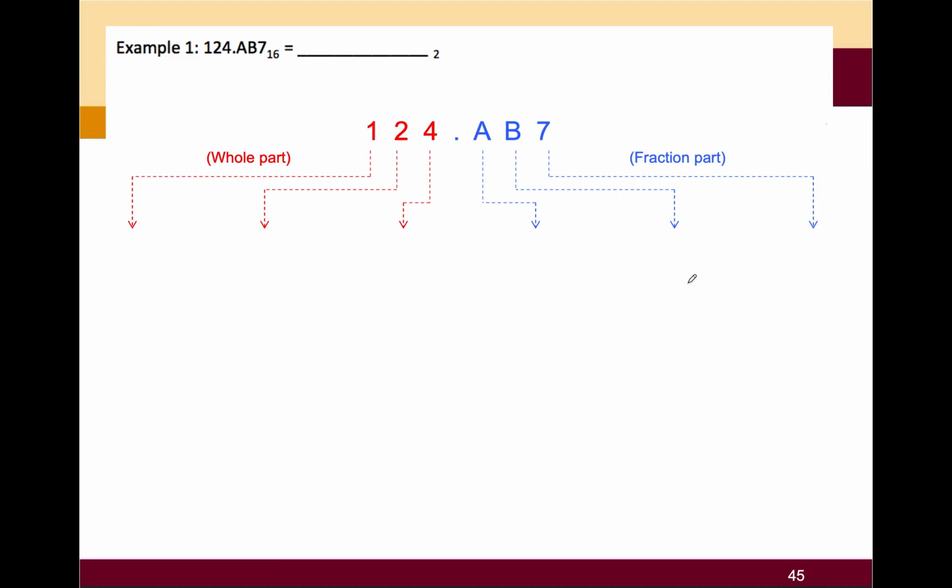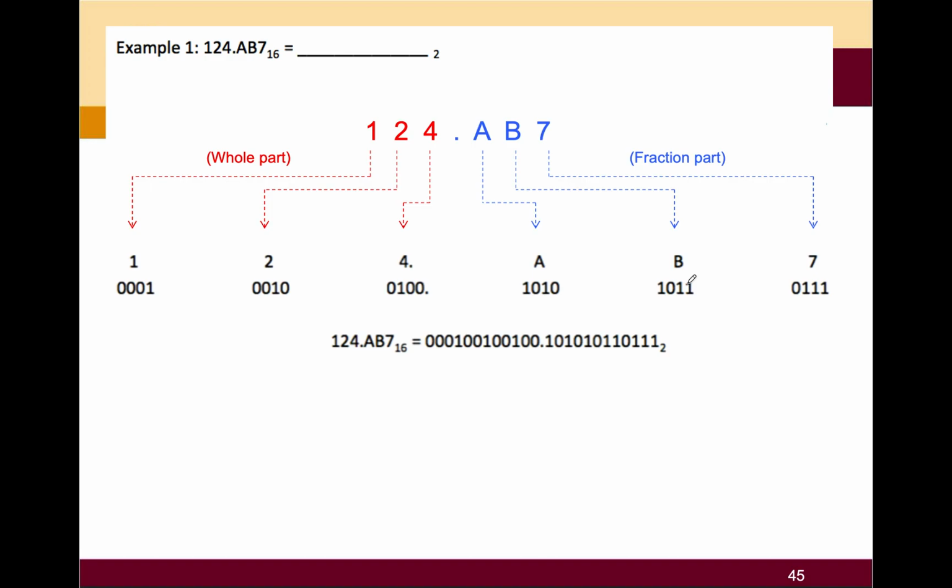And because you have this kind of number, you need to bear in mind that if it is base 16 or hexadecimal, you will have 4 bits for each digit. So you will get 4, 4, 4, 4 over here. You need to convert it one by one.